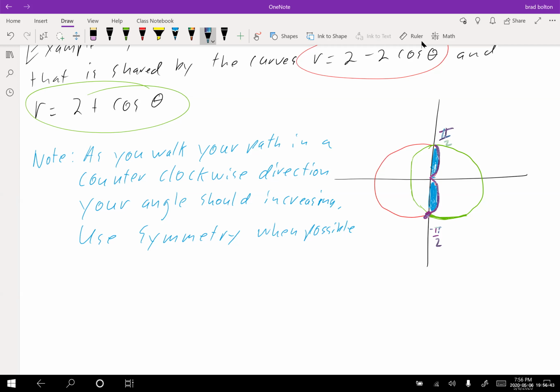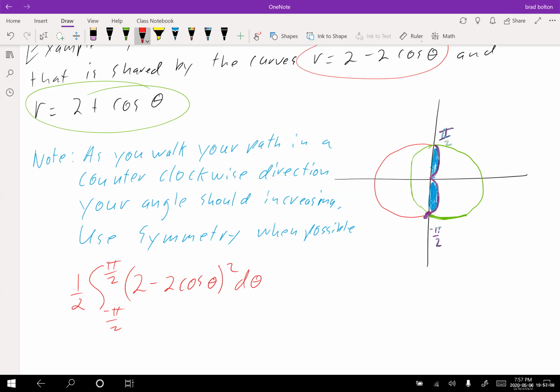That means that integral is the red one. So I'm going to do the integral from negative pi halves to pi halves, okay? And once again, we're going to do 1/2 the curve. So how do we find just that area in blue? We're going to do 2 minus 2 cosine theta, quantity squared, d theta. So that'll be that area.